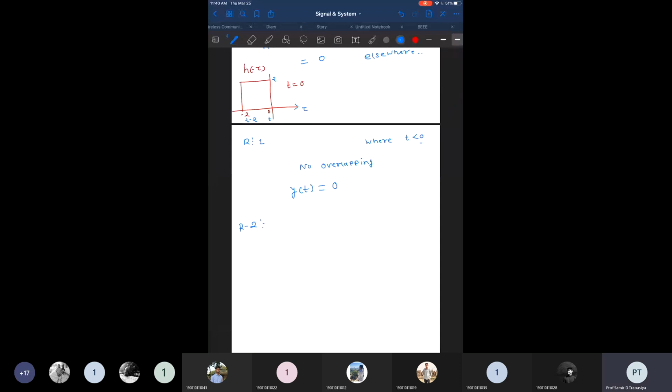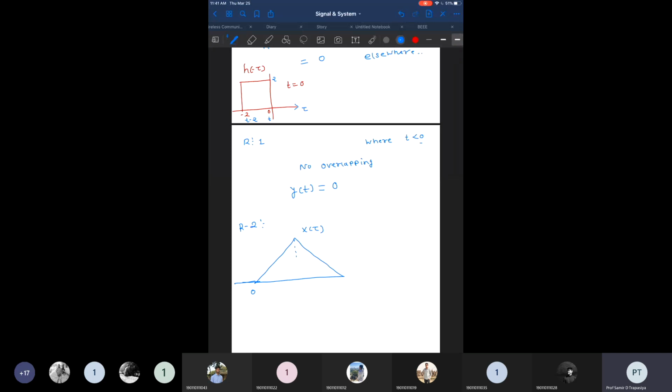This portion is 0, and this amplitude is 2, and on that we can have this other signal. Which signal is this? This signal is h, with amplitude 2, h of t minus tau.